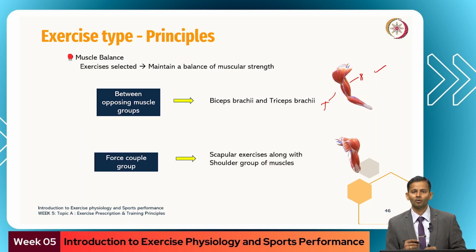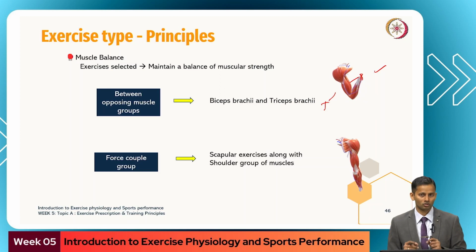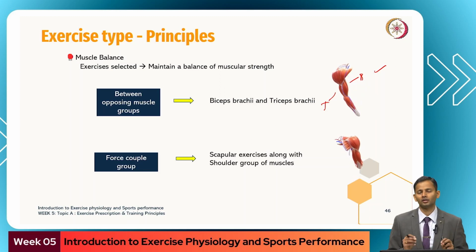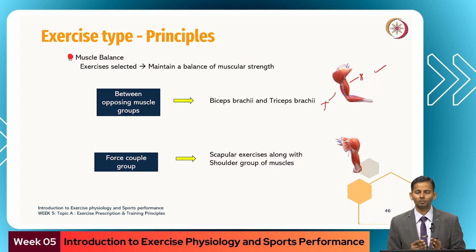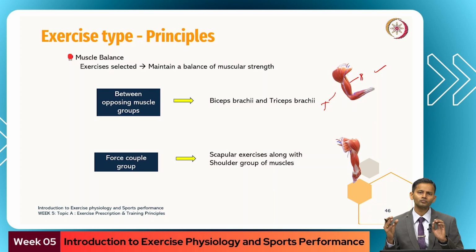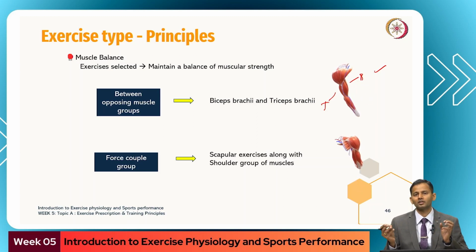And also one important biomechanical principle that one needs to keep in mind is the balance that should be maintained between the force couple group. Force couple group would mean that to perform a certain action at a joint, you have multiple groups of muscles acting at certain angles in coordination, so that you have a synchronous activity.